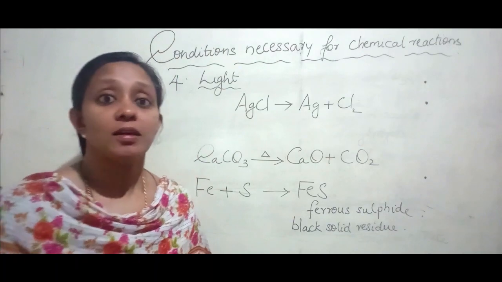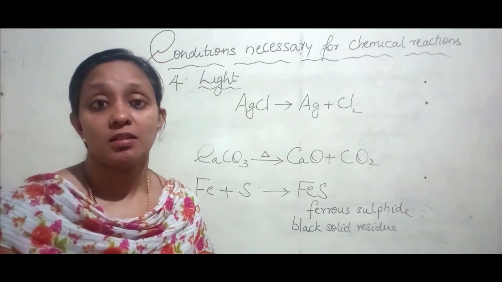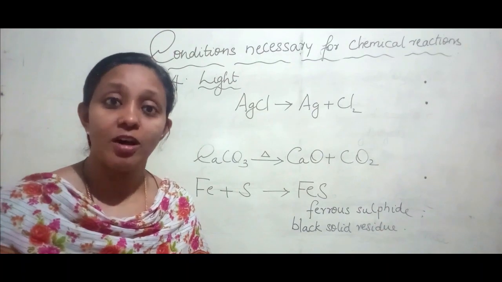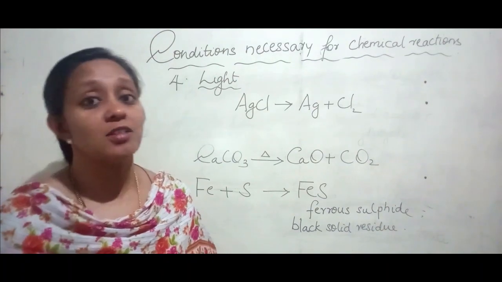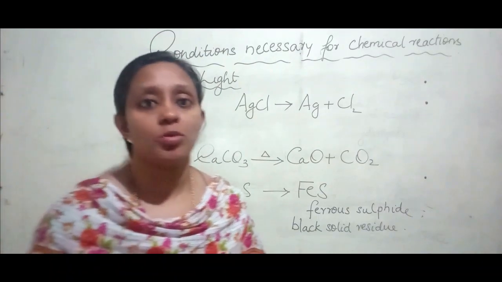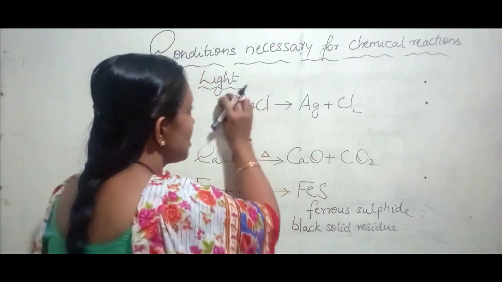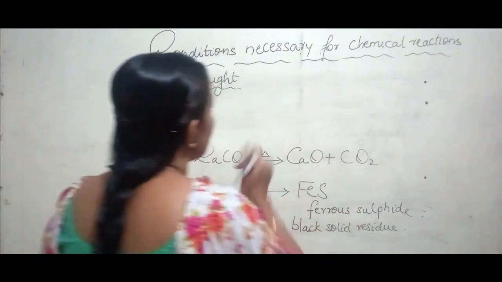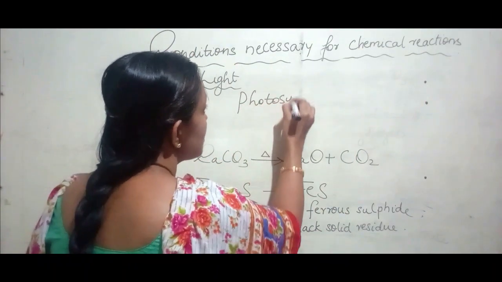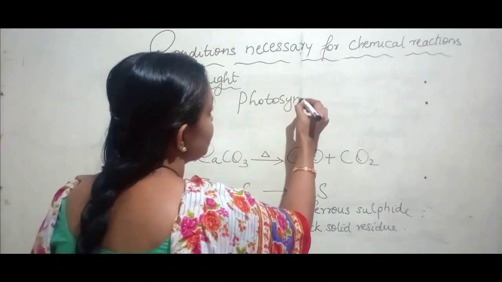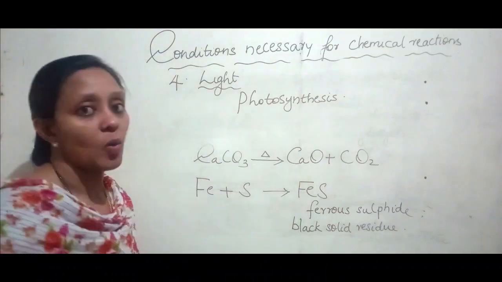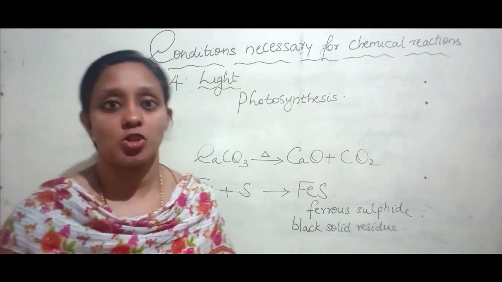Again, silver nitrate undergoes decomposition, giving you silver, nitrogen dioxide and oxygen. And these examples are not mentioned in your textbook, so you need not worry about it. You can just learn one example, and that is photosynthesis. Photosynthesis is a chemical reaction where sunlight is required. Light is required for this reaction.